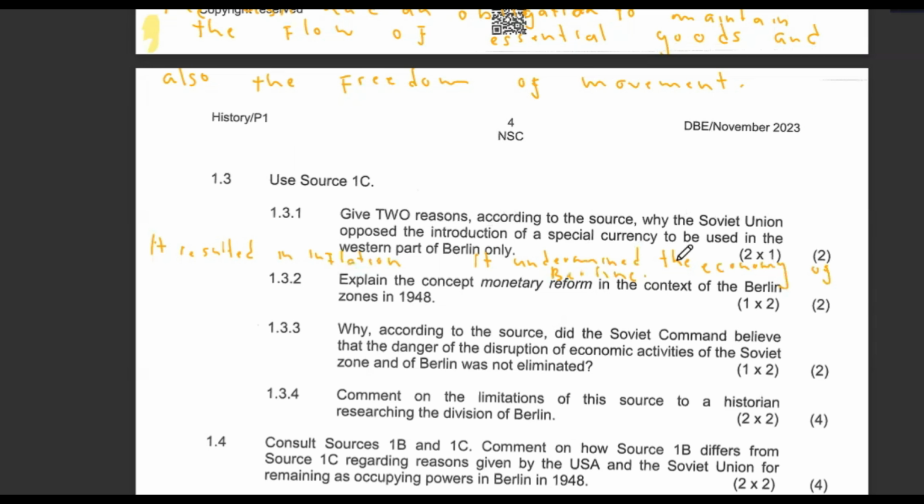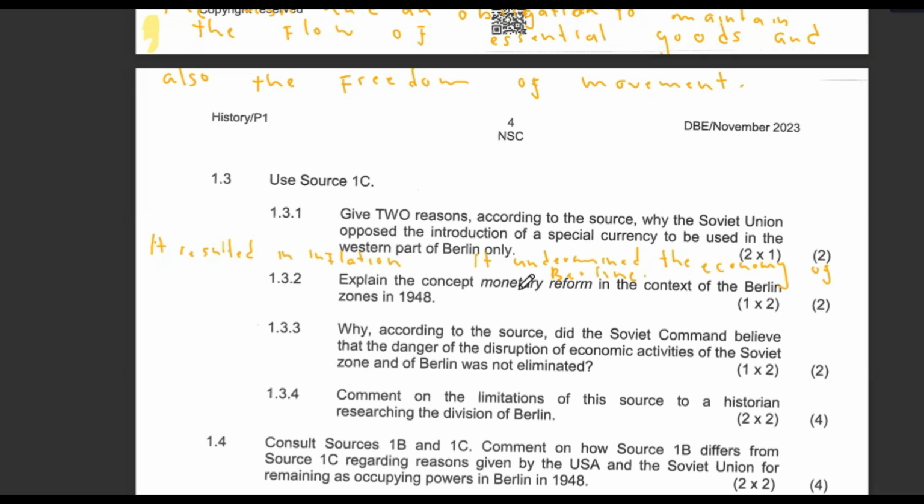Now let's go to 1.3.2. Explain the concept of monetary reform in the context of the Berlin zones in 1948. Such a type of question does not need you to consult the source because it requires you to explain your own understanding of a historical concept.